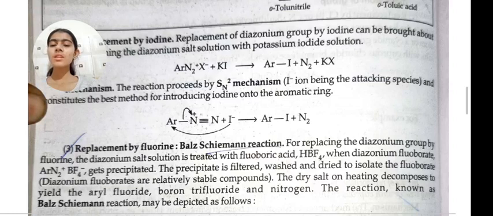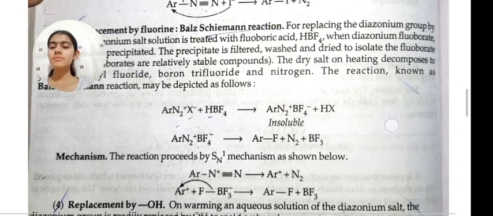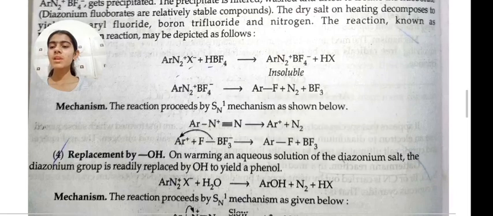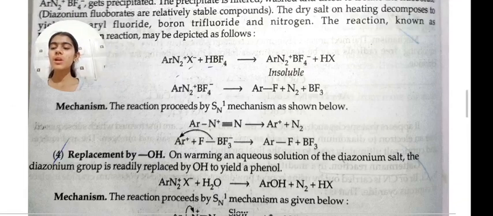The dry salt on heating decomposes to yield the aryl fluoride, boron trifluoride and nitrogen. The reaction, known as Balz-Schiemann reaction, may be depicted as follows. Mechanism of the reaction. The reaction proceeds by SN1 mechanism as shown below.